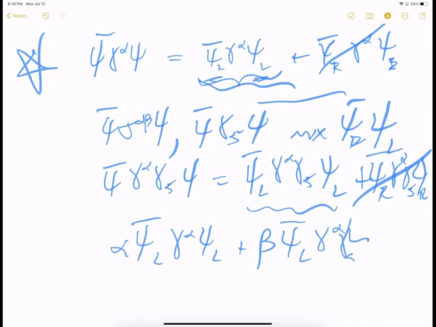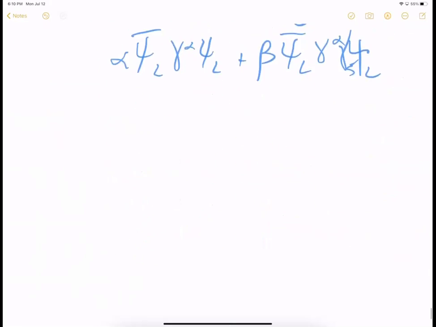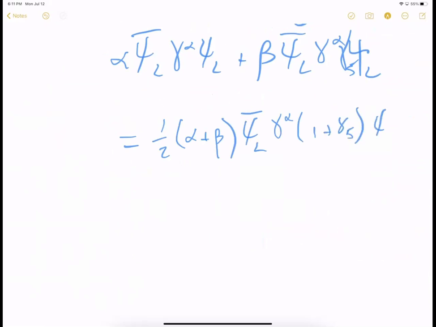Oops, gamma 5 psi left. All right, and now I can form up a slightly different linear combination here. I can write a half alpha plus beta psi bar left gamma alpha 1 plus gamma 5 psi left, and a half alpha minus beta psi left bar gamma alpha.